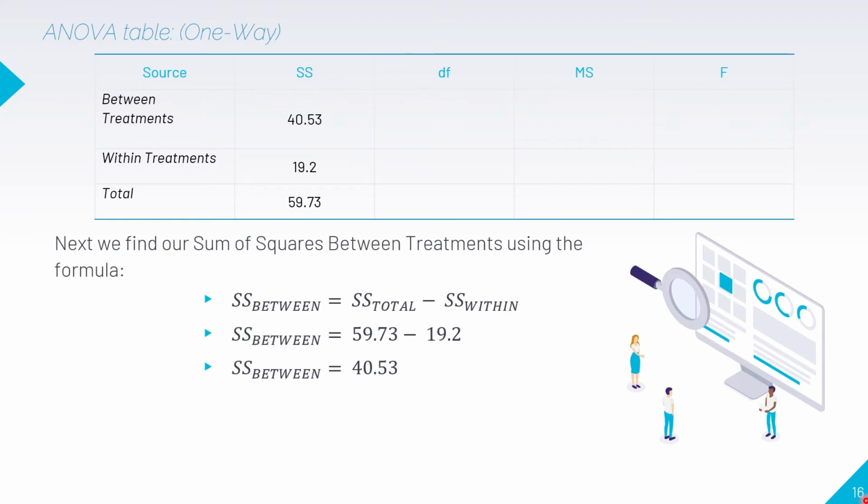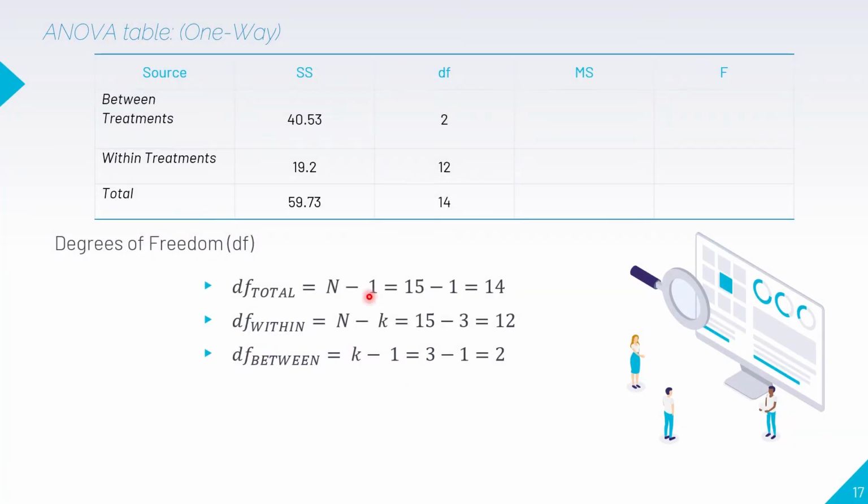Next, we have our degrees of freedom. So in order to find our degrees of freedom, this is our formula. In our degrees of freedom total, we have N minus 1. So since our N is 15 minus 1, we have our df total equal to 14.